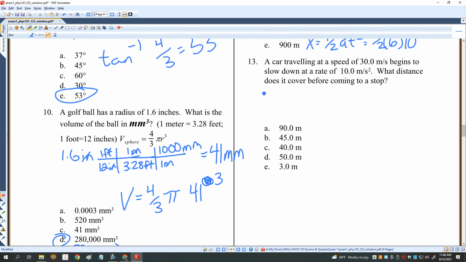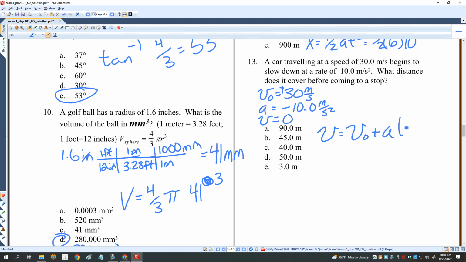A car traveling at a speed of 30 meters per second, v naught is equal to 30 meters per second, begins to slow down at a rate of 10 meters per second squared. So this is going to be minus 10 meters per second squared because it's slowing down, and this is positive. And I want to know how long it takes to come to a stop. So v final is 0. So I just say v equals v naught plus a times t. First, I need to find the time that it takes.